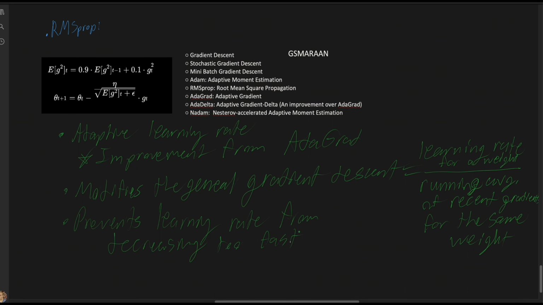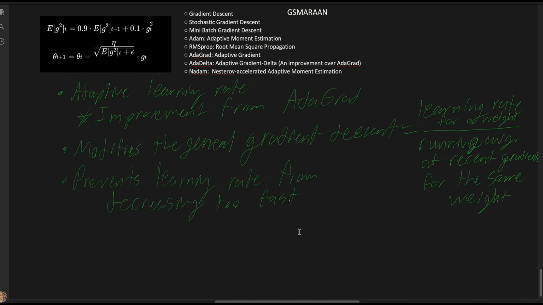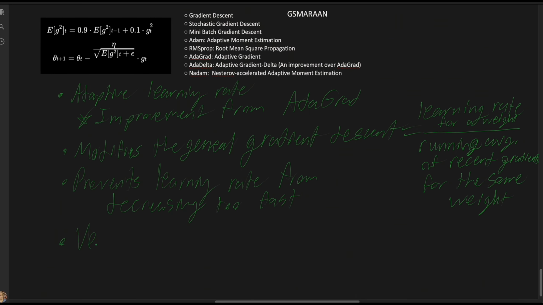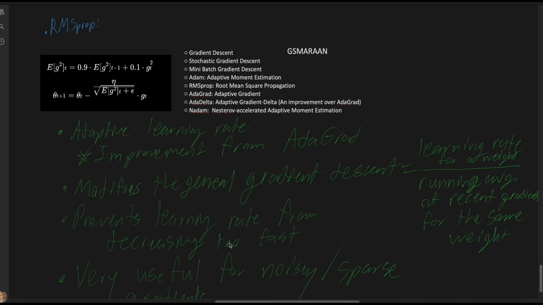And it is beneficial for problems with very noisy or sparse gradients. So very useful for noisy or sparse gradients. And root mean square propagation can work well in scenarios where Adagrad falters due to aggressive and monotonically decreasing learning rates.